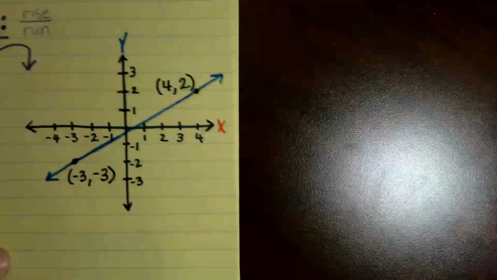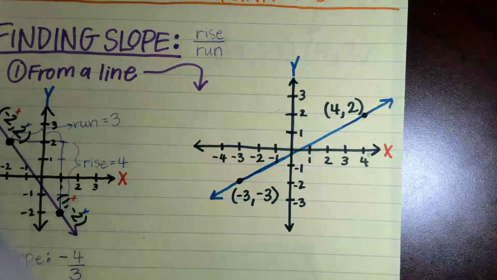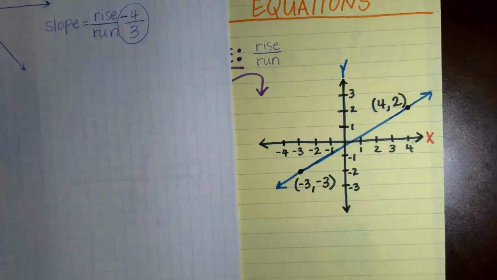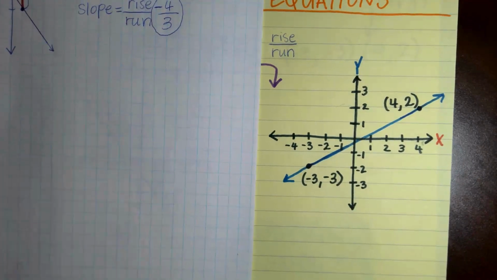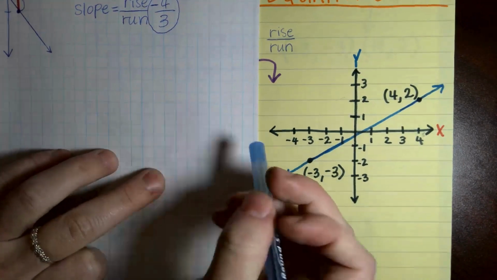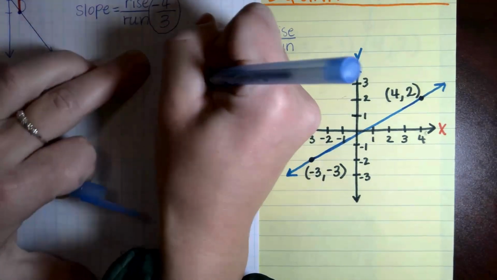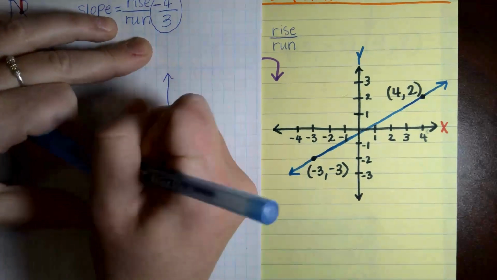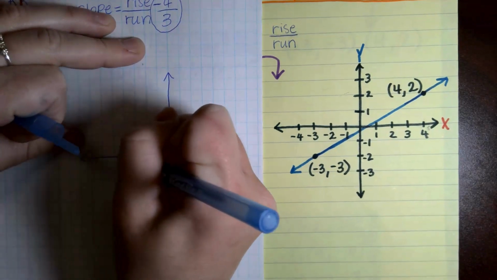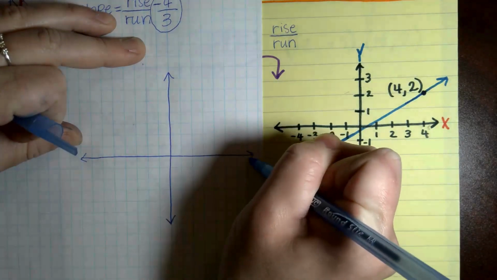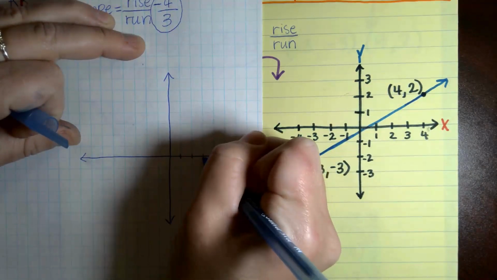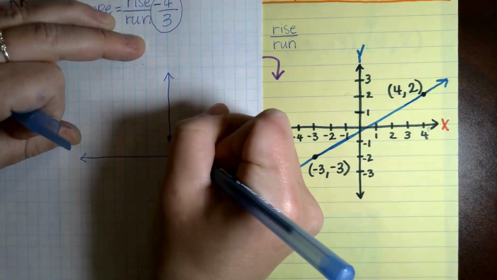Okay, let's look at this graph here. And again, I'm gonna draw it over here just so that it looks a little nicer, easier to work with. So my first point is over 4, up 2. 1, 2, 3, 4, up 2.